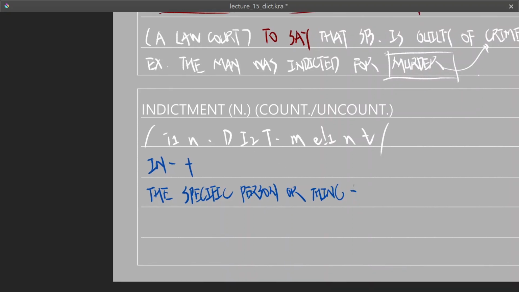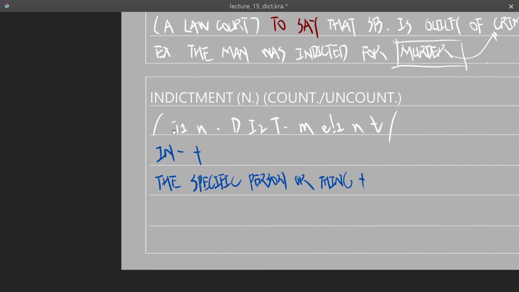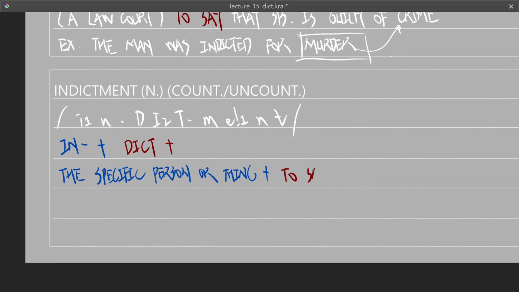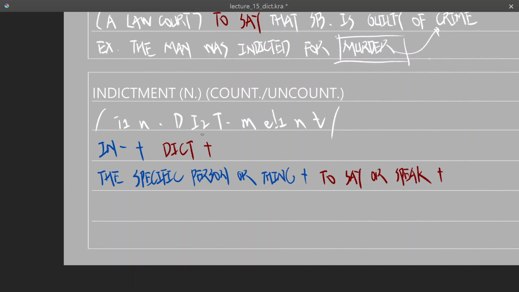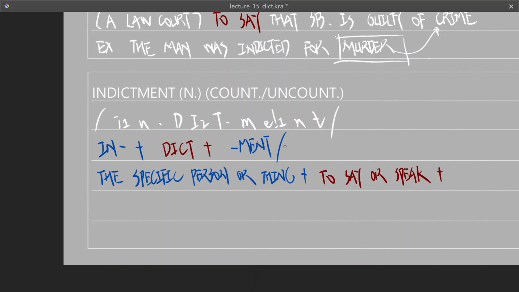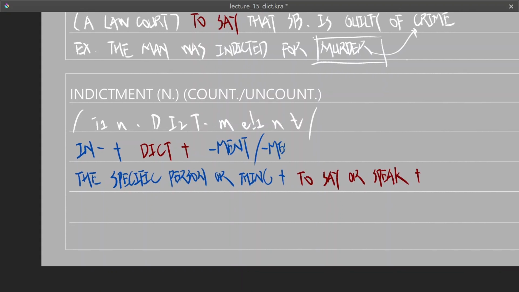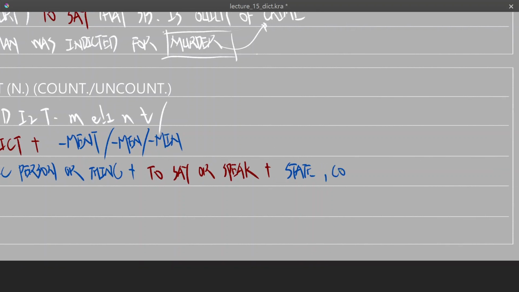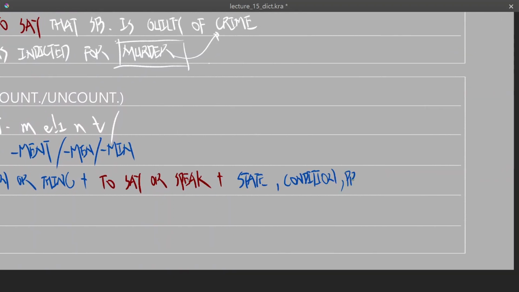And we have the root dict, meaning to say or speak. And lastly, we have the noun suffix ment, or its variants, meaning state, condition, process, or result.